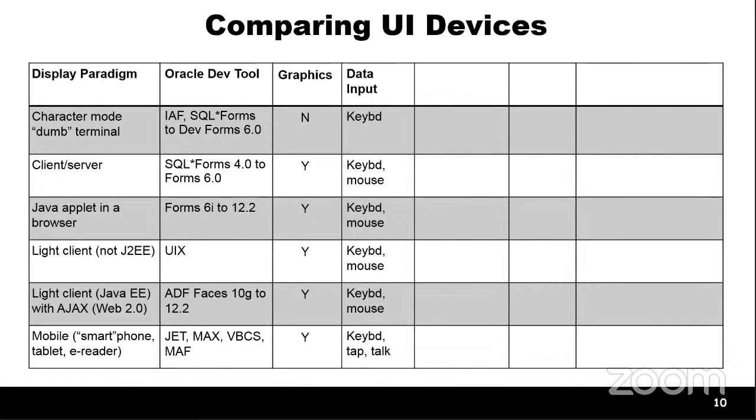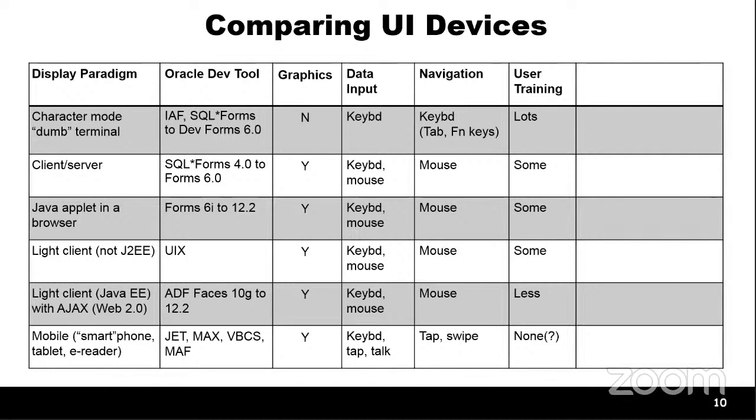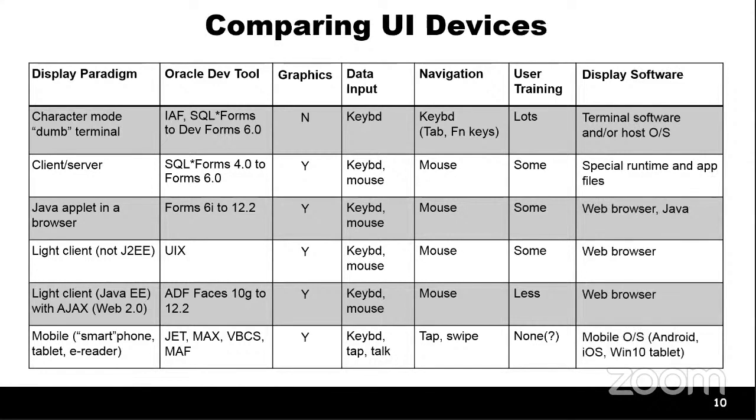How data input was done and is done, and then navigation, are we using mouse or keyboard? And then user training, do we need user training is one big question. And then display, what is the actual display paradigm? What's the device running on?